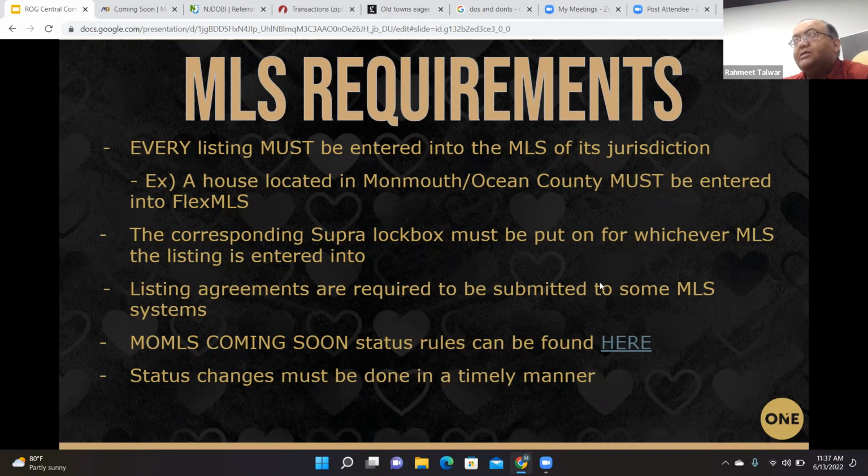If you get your listing agreement signed by hand, please upload it on Zipforms, because even if you don't have it on SkySlope yet and we get audited, we need the listing agreement. Most people get them signed by hand, so upload those on SkySlope right away, or at least put them into Zipforms, because if we get audited, we have to make sure that we have that documentation.